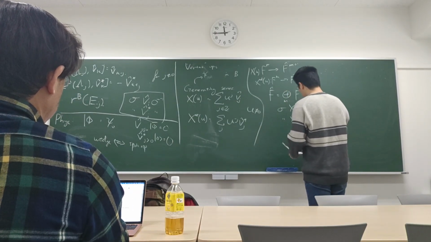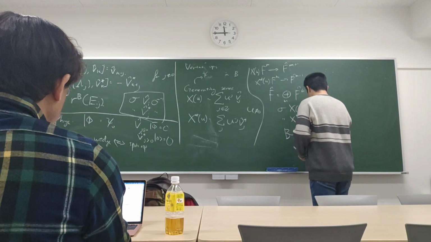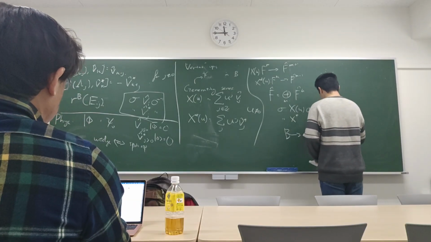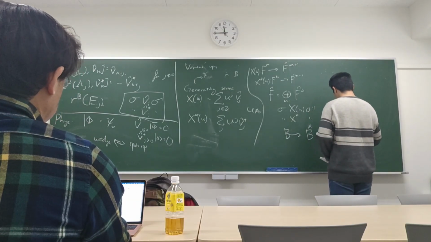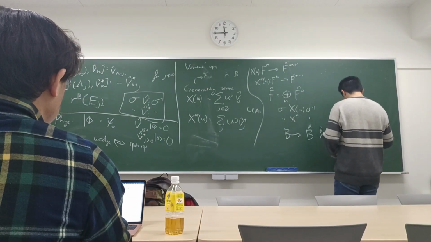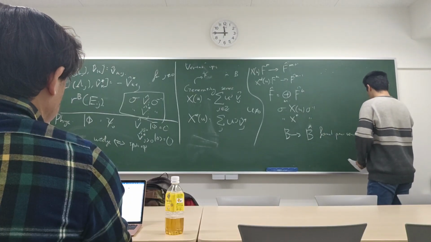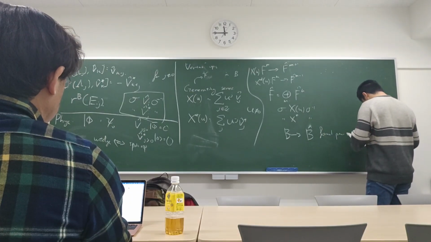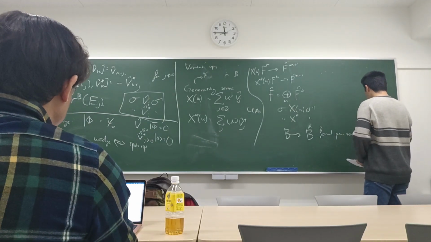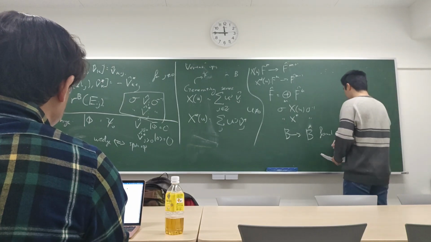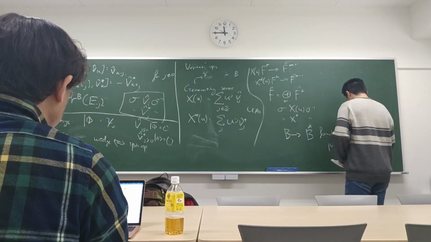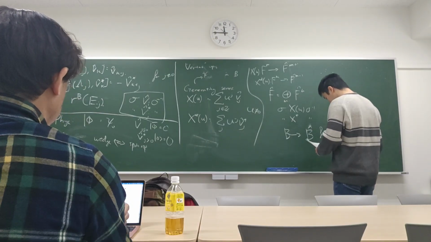So these things map B into the formal completion. And this is a formal power series in x, and z, but it is a polynomial in z and z inverse.